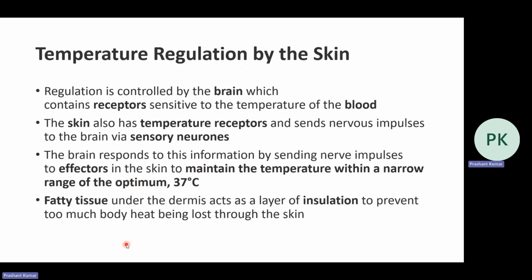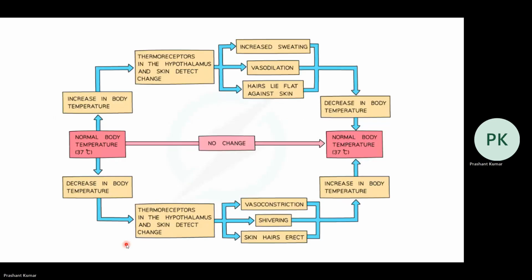And the brain is going to respond to this information by sending nerve impulses to effectors in the skin to maintain the temperature within a narrow range of values, right? Maybe between 30 to 40. Fat tissue under the dermis layer acts as an insulator and prevents too much body heat from coming out of the skin, right? So let's understand this using this particular flow chart.